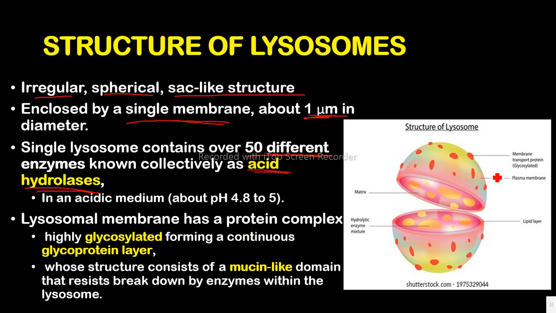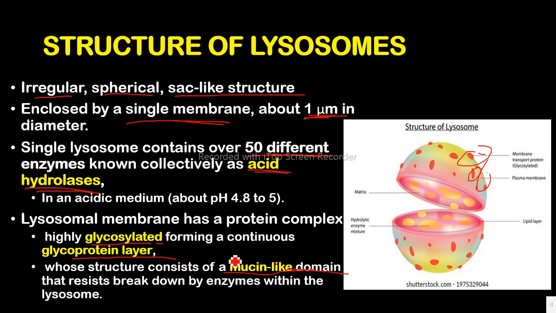Otherwise, whatever would come from outside the cell would just bind with the Golgi apparatus or the endoplasmic reticulum and be transported within. But that's not how it is. You must have specific receptors. So it is highly glycosylated, forming a continuous glycoprotein layer, like how you can see here. And the structure is like that of a mucin-like domain.